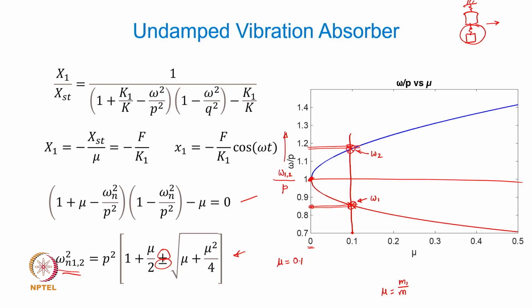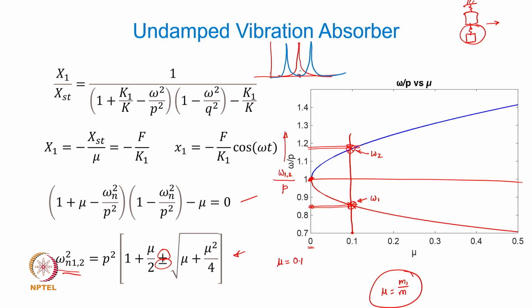Now the question is, what value of mass ratio should I choose? Supposing I plot this original resonance plot, the response plot, which is showing resonance here. What I am basically getting is that by attaching the absorber, this is how the system changes, isn't it?